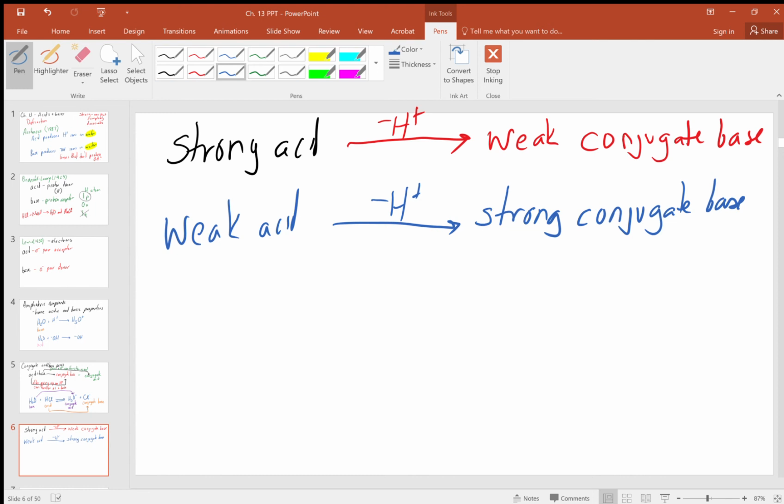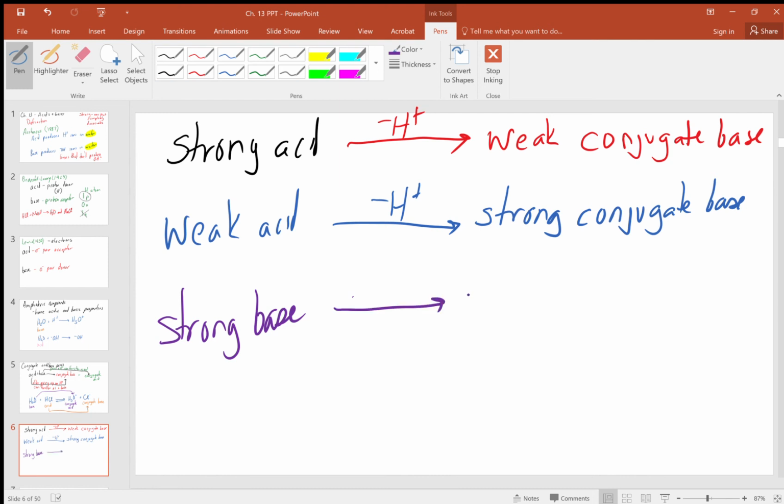And the same sort of logic is true for the strength of bases. So what if we have a strong base? Well, a strong base is one that's going to want to gain a proton.